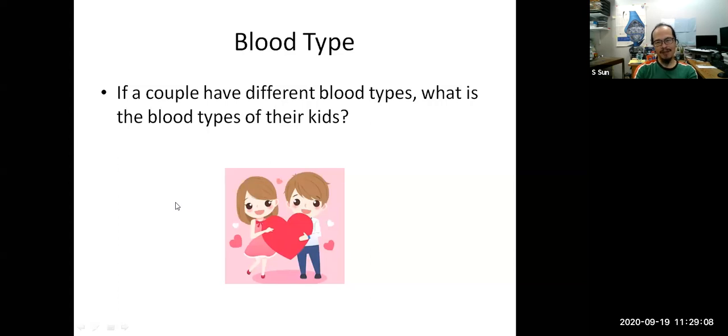How can you define it? Can type A and type A have kids of type O? Can type A and type B have kids of type O? Yeah, so that's a question. All right, so we will answer it here.